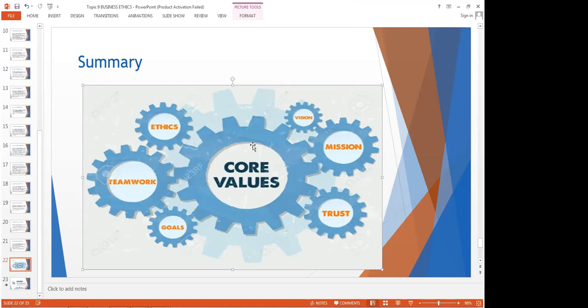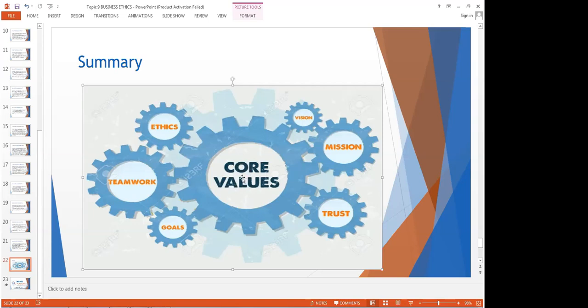Now, I hope you have looked at the summary very keenly. We have the concept of teamwork, ethics, goals, core values, vision, mission, trust. These are some of the issues that we have been repeating in our discussions, in our lessons. So we have the core values. What are some of these core values?